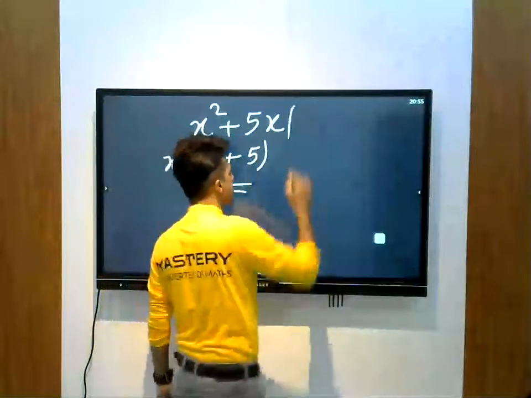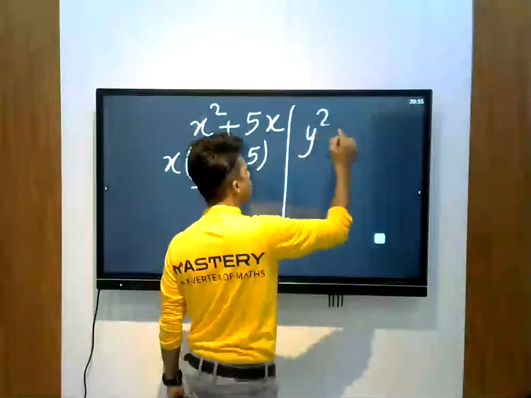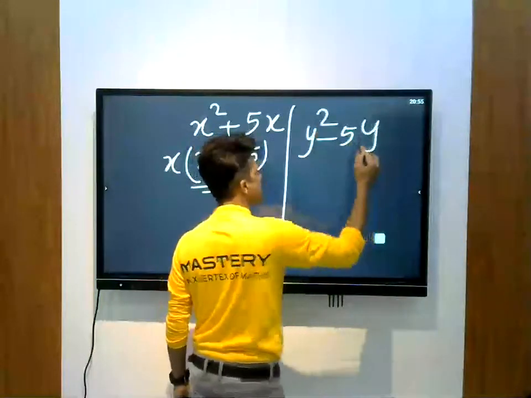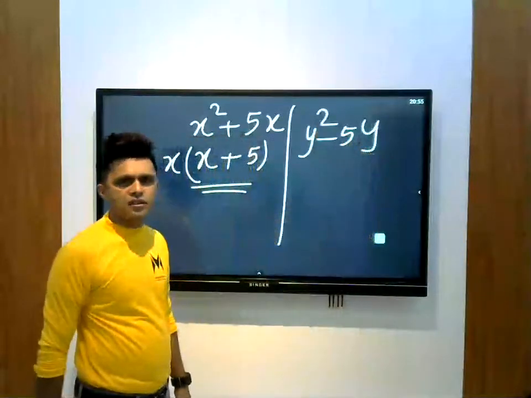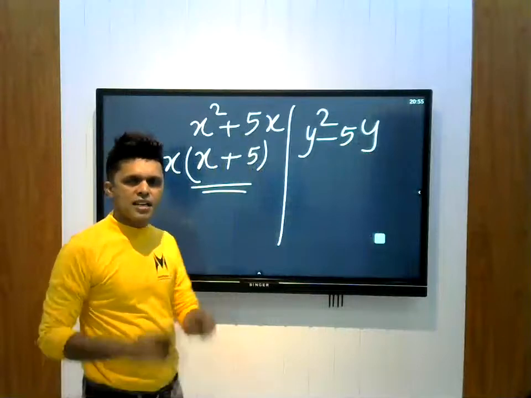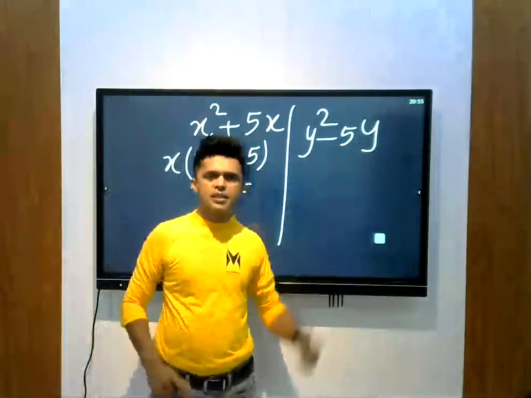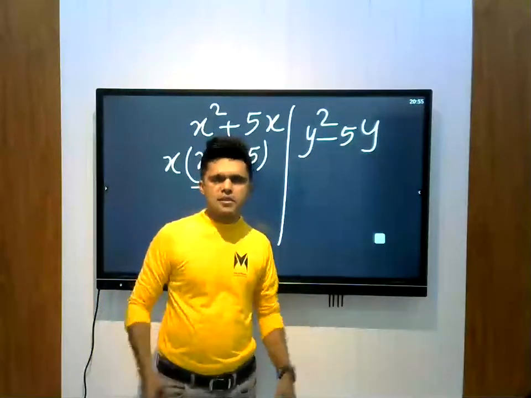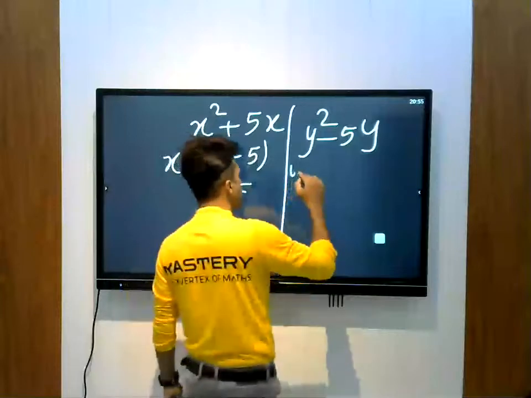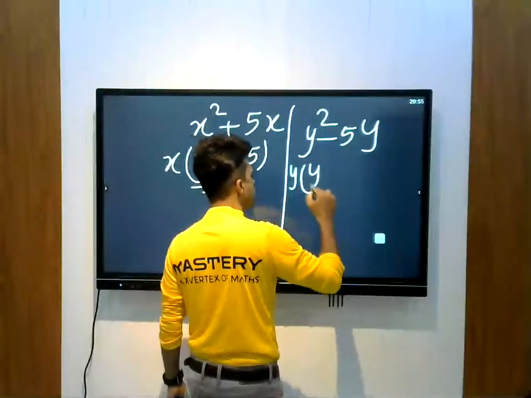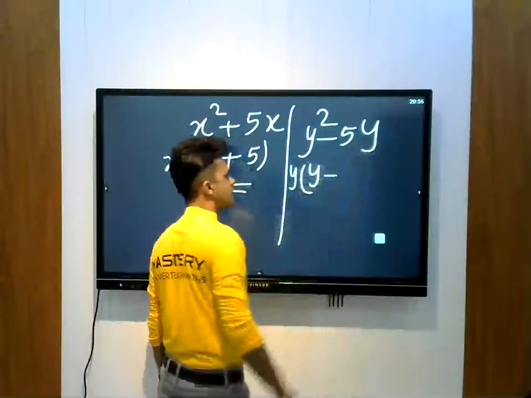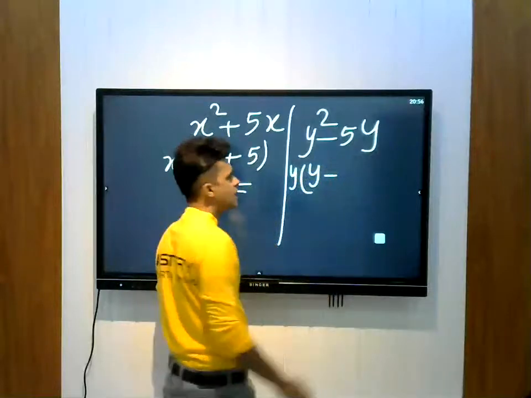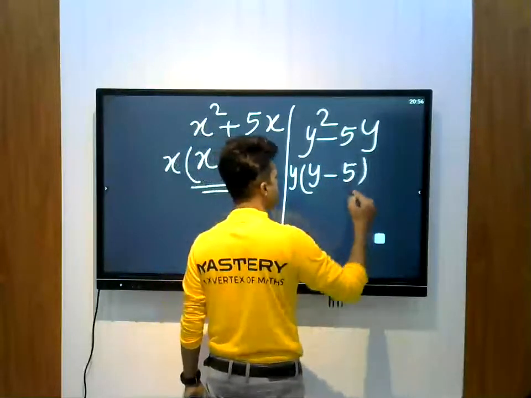Now this type of one, y squared minus 5y. How can you factorize this one? I do believe that you are able to see these expressions. Take y as the common factor. So y into, after taking y as the common factor, the remainder is minus 5.